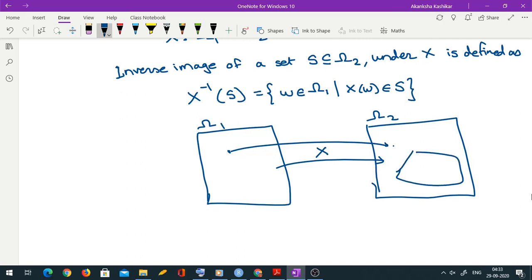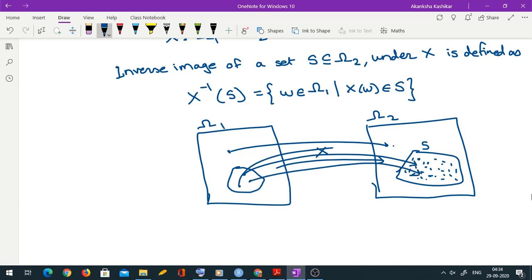So I consider some set here, I am calling it S. Then of course S is going to have some elements. What we are defining as inverse image is, we would see that these elements in S are images of which elements from omega 1. So I might have some set over here whose images go into S. So I collect all those points whose images land in S.